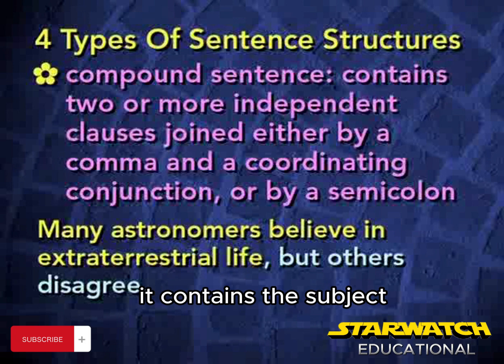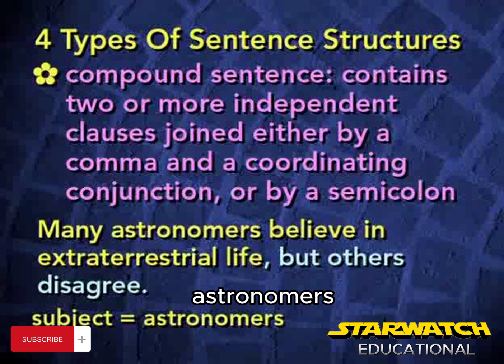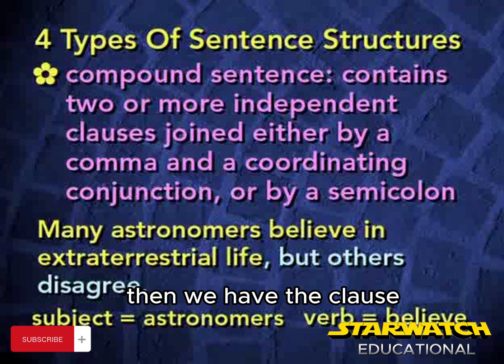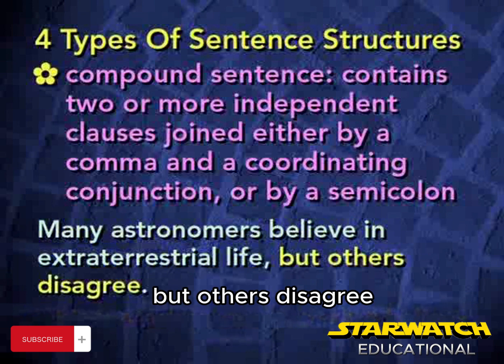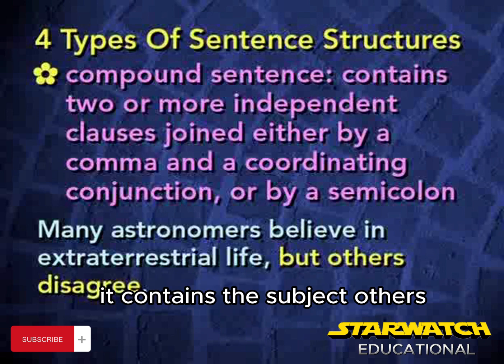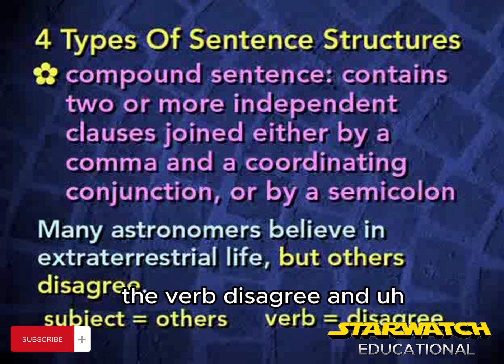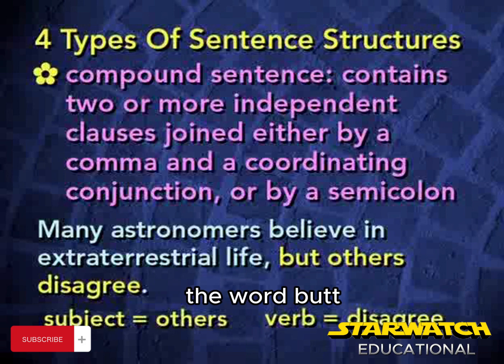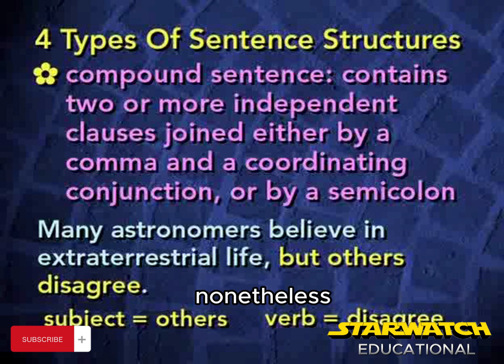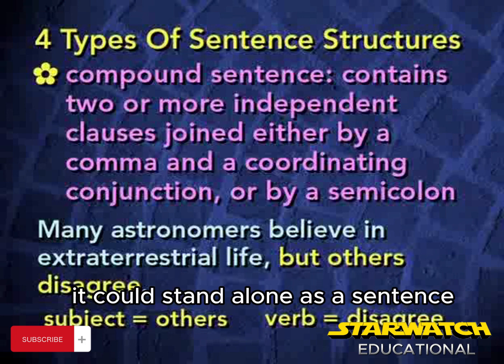It contains the subject, astronomers, and the verb believe, and it could stand alone as a sentence. Then we have the clause, "but others disagree." That could also stand alone as a sentence. It contains the subject others, the verb disagree, and the word but tells you that there's a contrast to the preceding idea. Nonetheless, it could stand alone as a sentence.